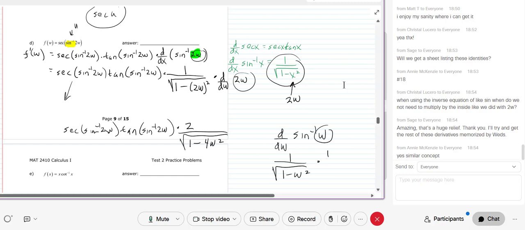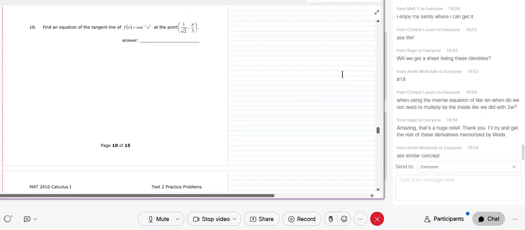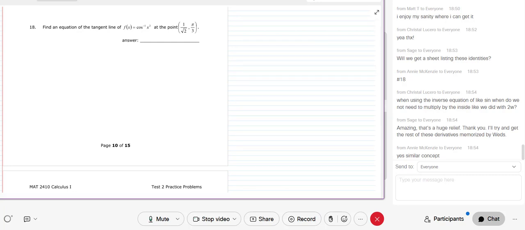Okay, all right, let's see. So Annie, number 18. I'll go ahead and go down to number 18, and we'll take a look at this then. This one right here, you're doing an equation of a tangent line. So ultimately, what we need to do is work with this formula.